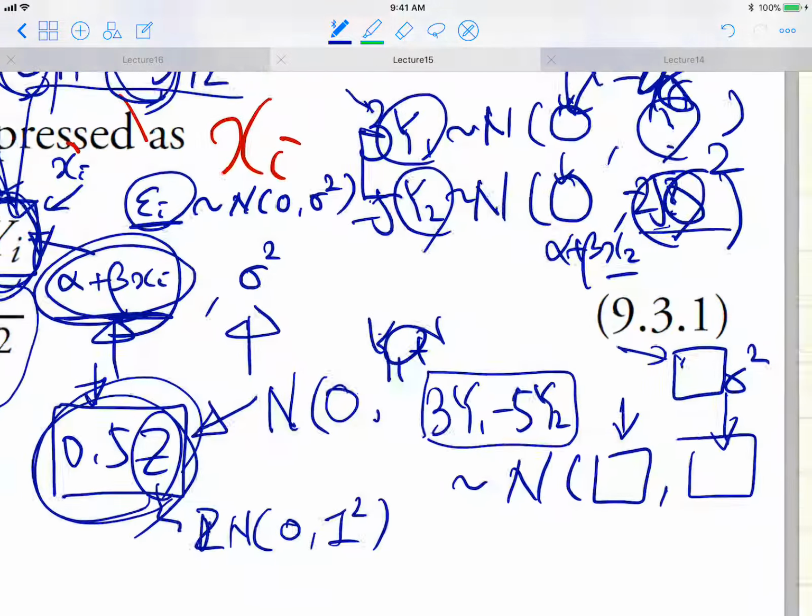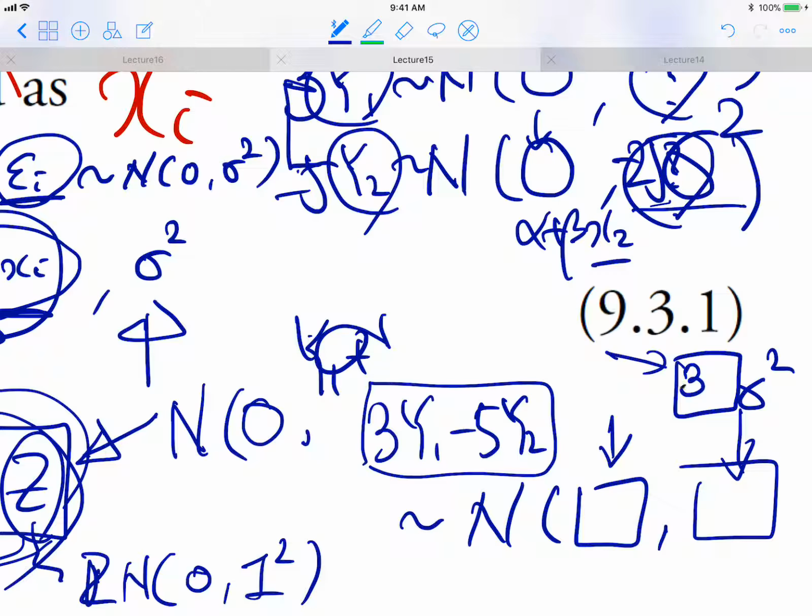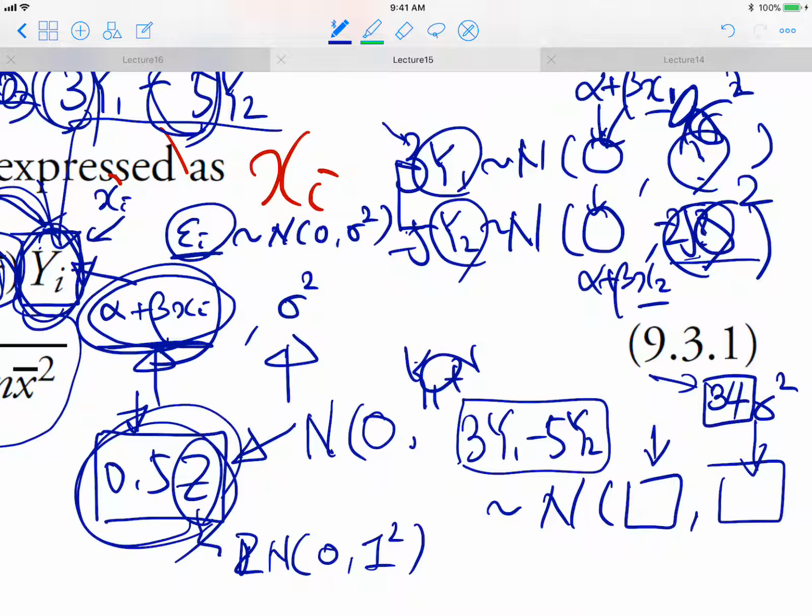Can anyone give the number? Yeah, great. 34. Right. And then why is it 34? We need one additional assumption that y1 and y2 are independent, right? Okay, great. Yeah.